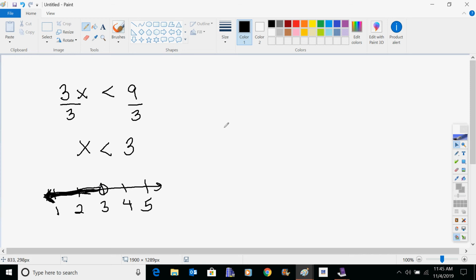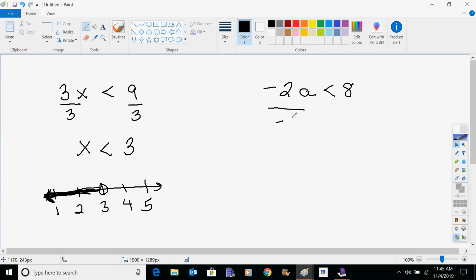Now, here's the other thing. If you had another one, let's say I had negative 2a is less than 8, and I want to solve this. What would you do to get the a by itself?